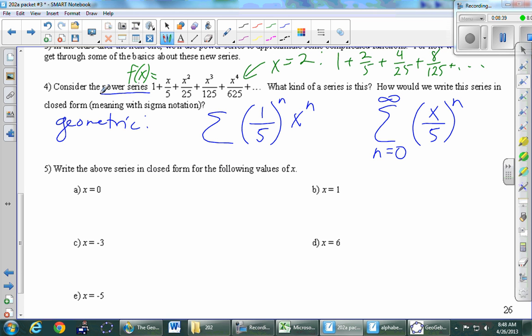And so let's go ahead and write here number 5. We'll go over to Joe. Okay, so we'll start with x equals 0. If you plug in x equals 0, you are doing the summation of what? X is 0, so 0 over 5 to the n, which is really the summation of a whole bunch of zeros.